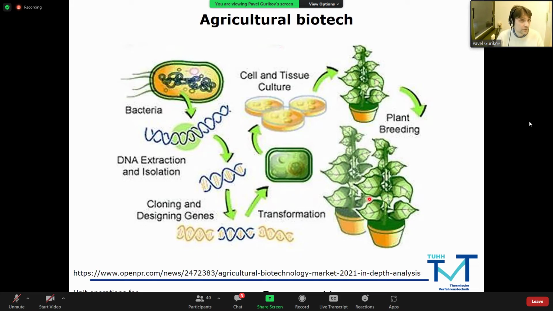But nevertheless, you use a lot of energy for this as well. Why not create such plants? This is all about the agricultural biotech vision.